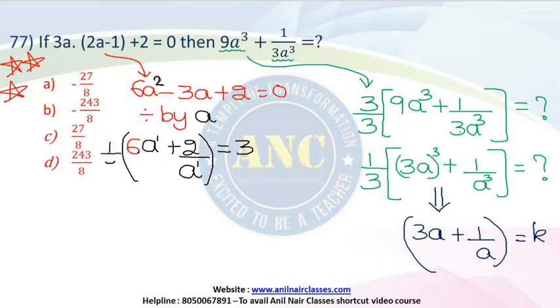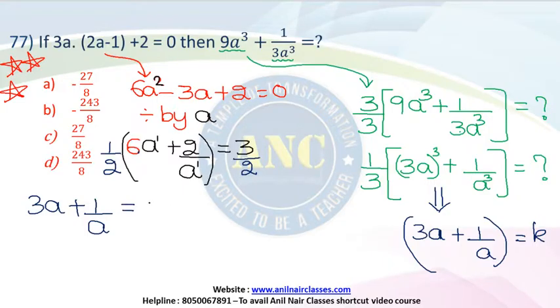Divide by 2. Very very simple. If you divide by 2 on the left hand side, divide by 2 on the right hand side also. Half of 6 is 3. This is 3a plus half of 2 is 1. It is 1 by a. I was looking for the 3a plus 1 by a value. I got the same thing.